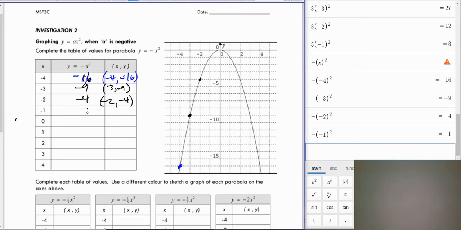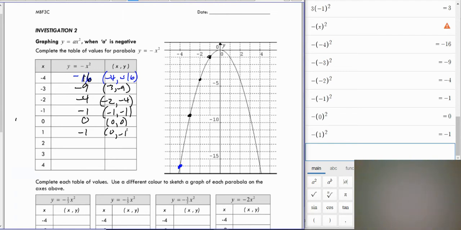We have negative 1, so negative 1, negative 1. And sure enough, there it is. If we do 0, we know it's going to be 0. Just to prove it, right? Let's see. 0, 0, perfect. And let's do a few more. So 1, this is a negative 1.